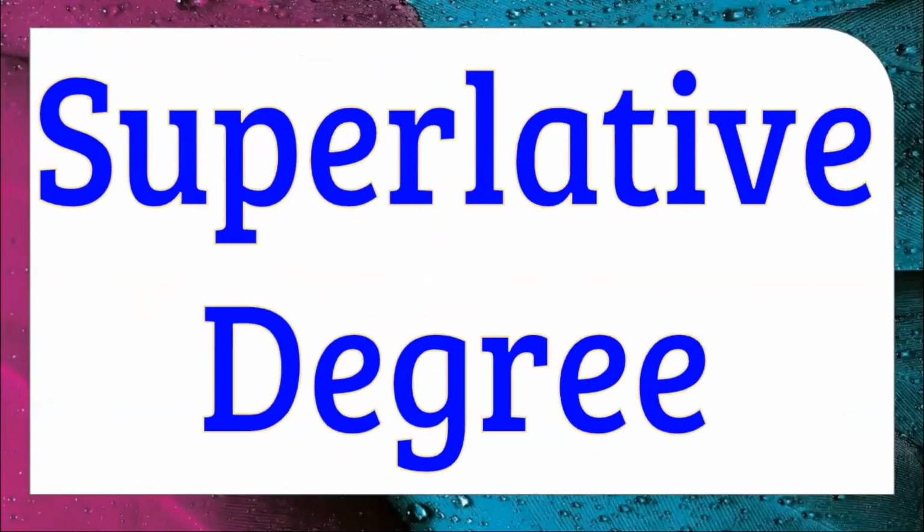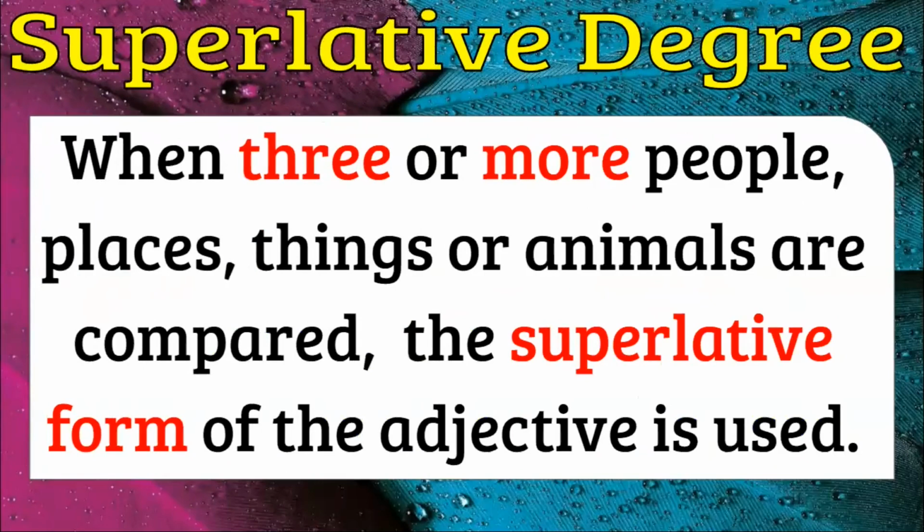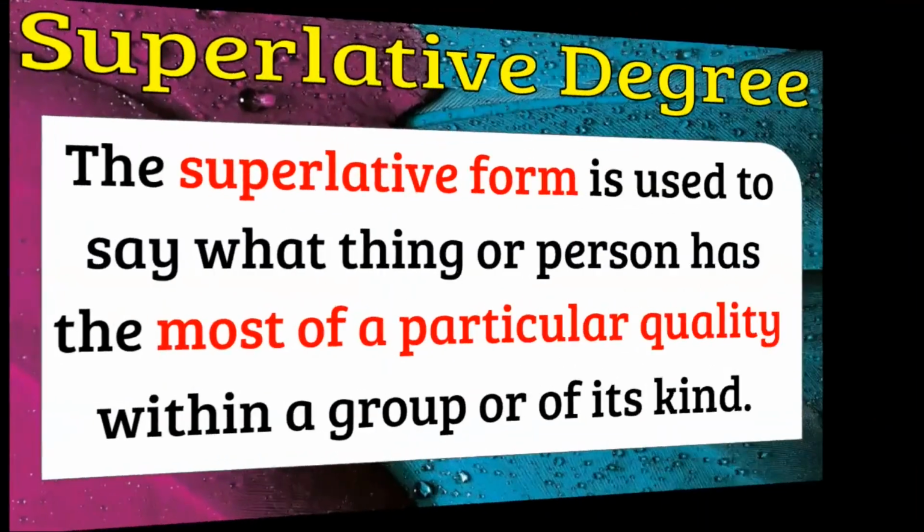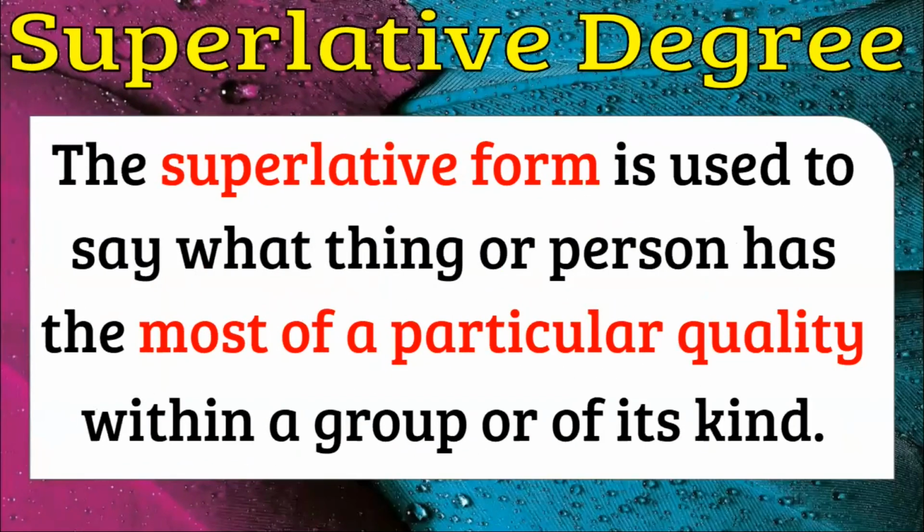Let's move on to the superlative degree. When 3 or more people, places, things, or animals are compared, the superlative form of the adjective is used. The superlative form is used to say what thing or person has the most of a particular quality within a group or of its kind.